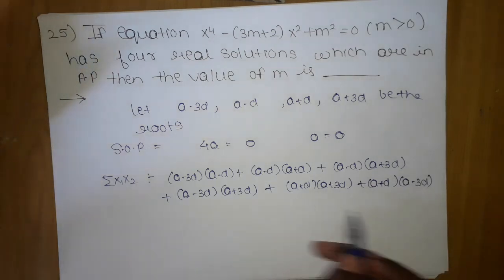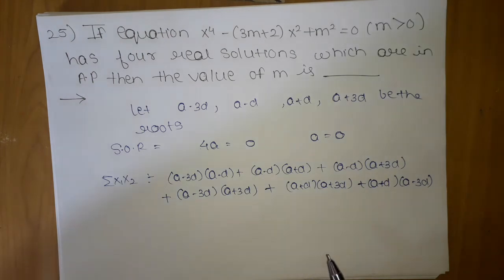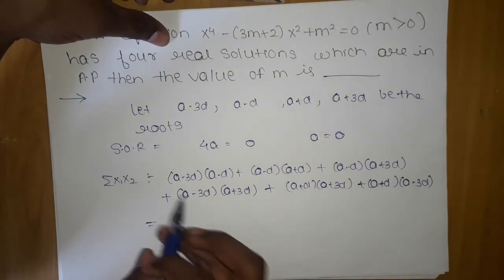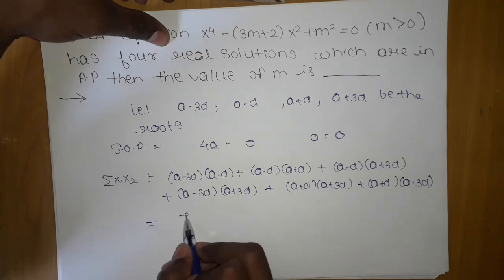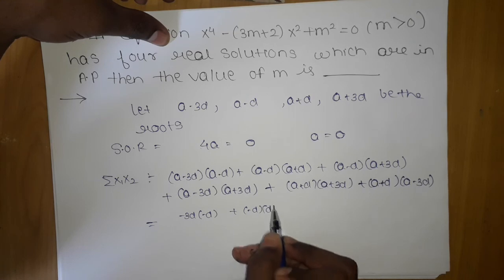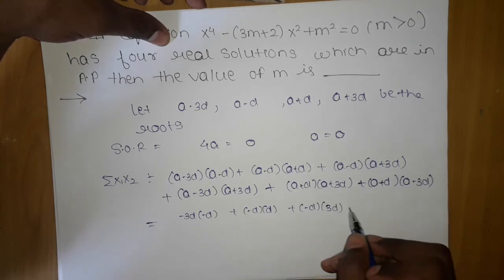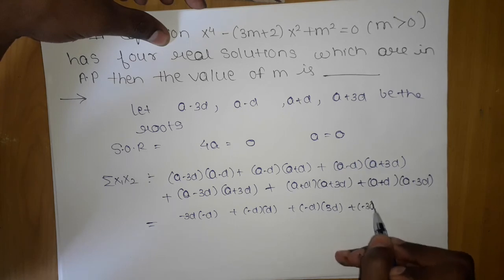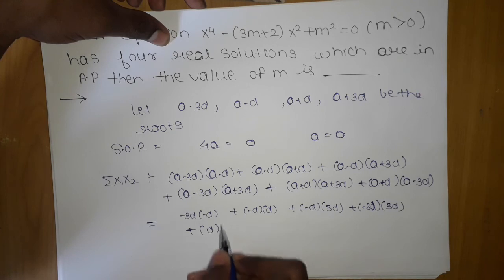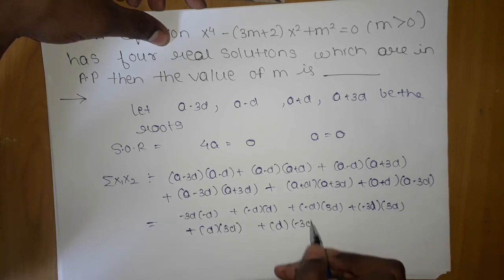Now we have all the terms. Let's put the a value 0. What I get: minus 3d into minus d, minus d into d, minus d into 3d, minus 3d into 3d, plus d into 3d, plus d into minus 3d.